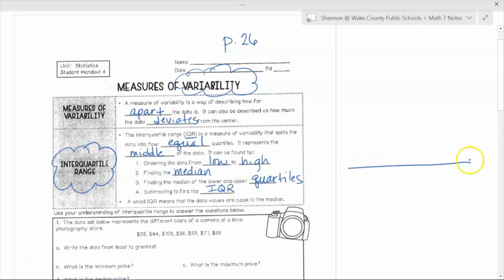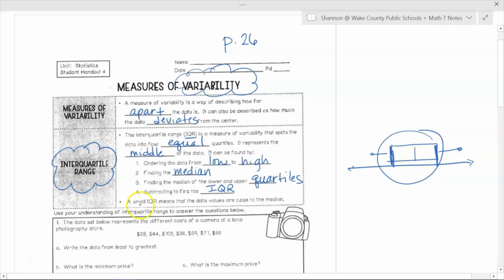So if you look at a box plot, we're talking about this middle section right here. We want to know how far apart the beginning and the ending of that box are, because the middle half of the data is in there, and we know that the middle of a set of data is usually where the normal and the average are, and so we want to know where those begin and end.